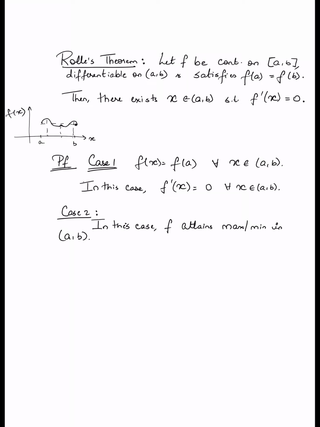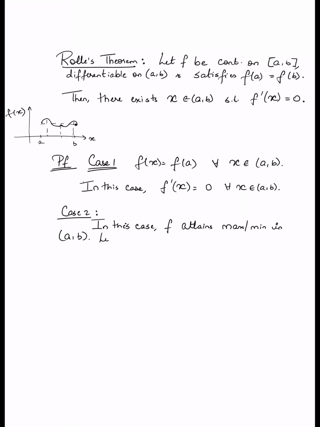So this is actually fairly straightforward. Because you're not identically equal to f of a throughout, at some point the function must either take a value that is greater than f of a, or it should take a value that is less than f of a. If at some point it takes a value greater than f of a, then there must in fact be a maximum, and that maximum should be in the open interval from a to b. If at any point the function takes a value less than f of a, there must therefore be a minimum in the open interval ab. In either case, there is either a maximum or minimum, right?